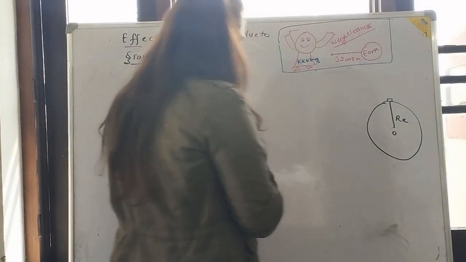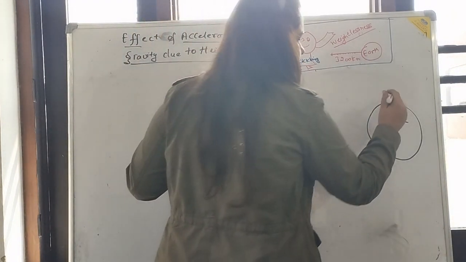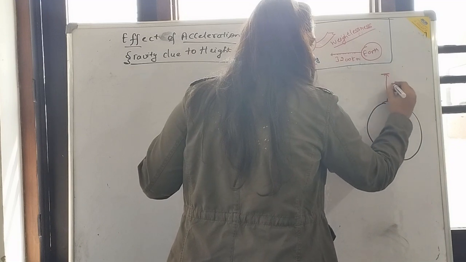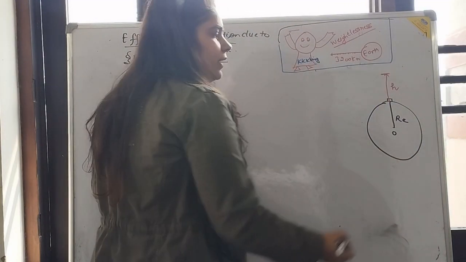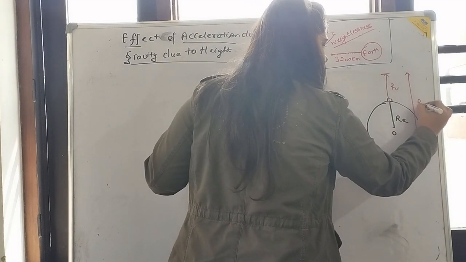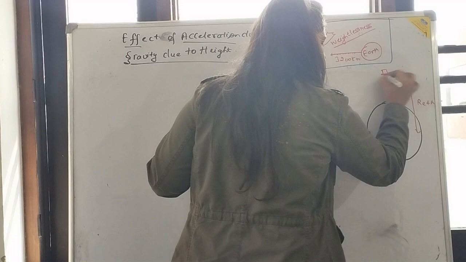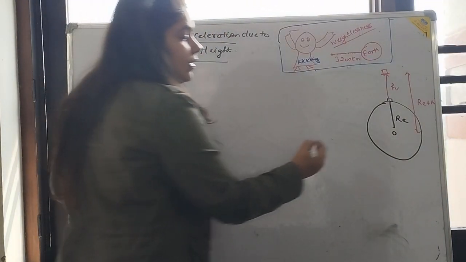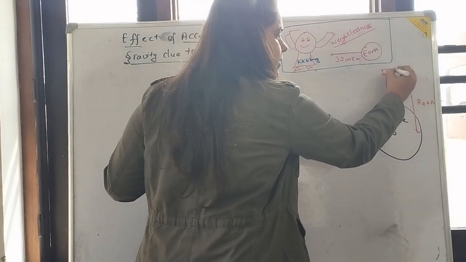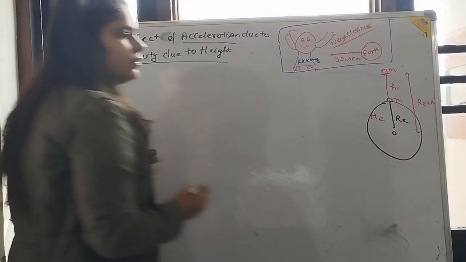If I take this object to a certain height h above the surface of the earth, this RE becomes RE plus h. Earth mass is ME and object mass is small m.